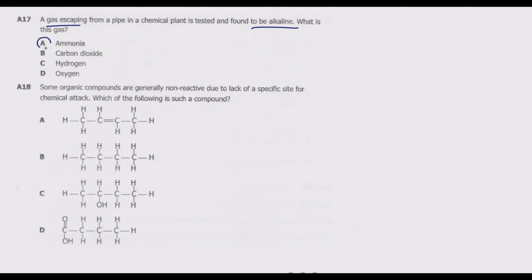So ammonia is an alkaline gas, and basically what it does is it turns moist red litmus paper blue as the test. So you need to know the testing. Okay, so moist red litmus paper blue. Know that test.